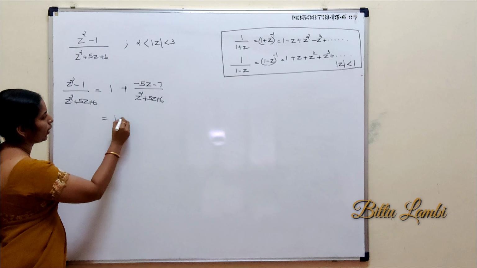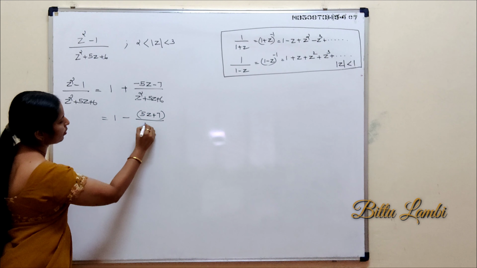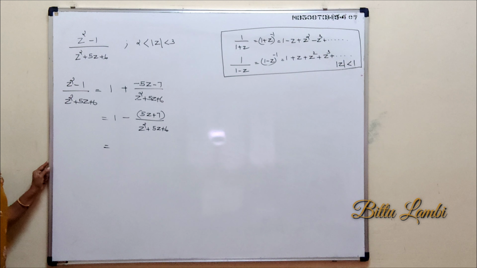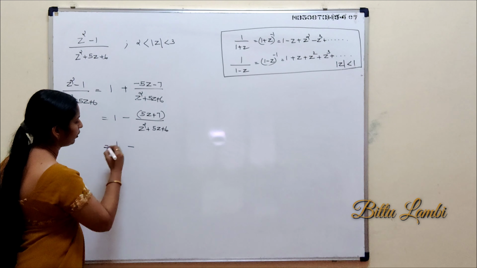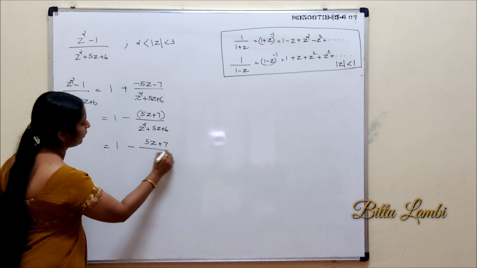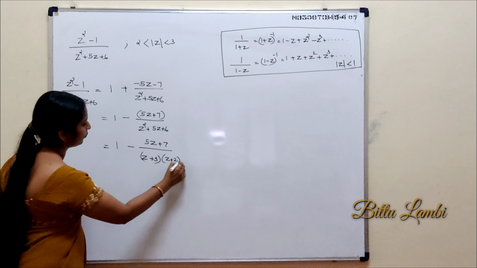So we can write 1 minus (5z plus 7) by (z square plus 5z plus 6). That is 1 minus of (5z plus 7) by (z plus 3) into (z plus 2).